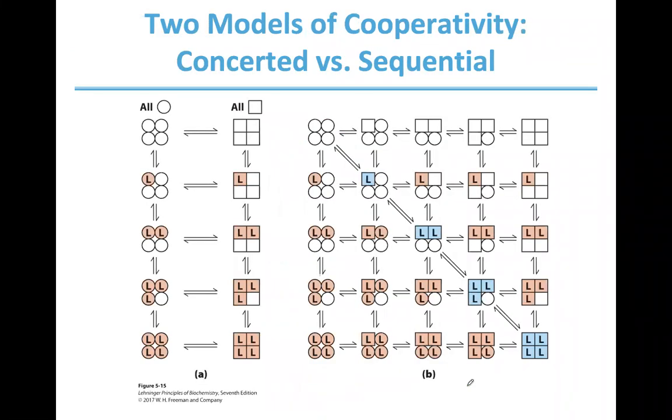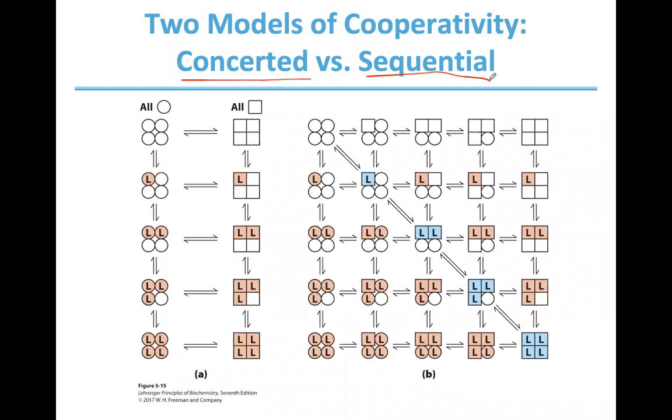And so there are two models of this kind of cooperativity. This is still more advanced. It doesn't really do much for us, but it's good to know that this can occur through concerted or sequential mechanisms.